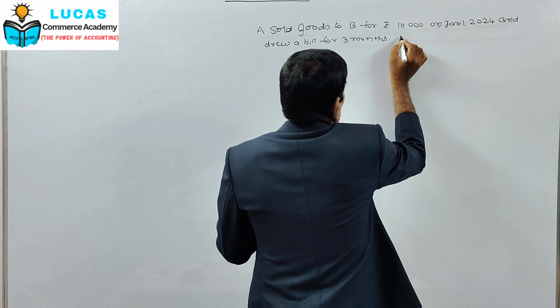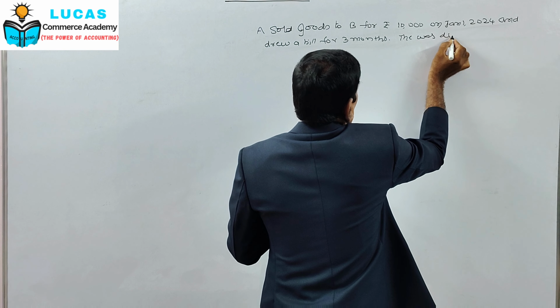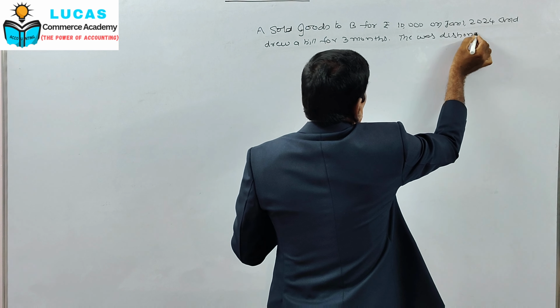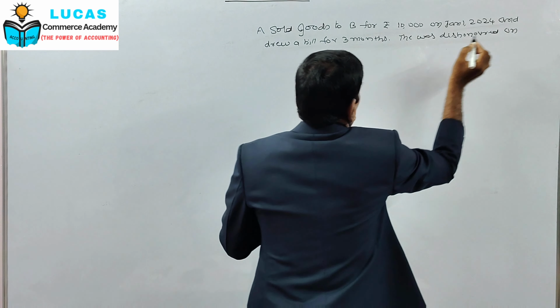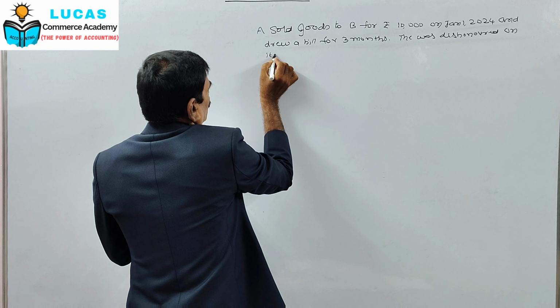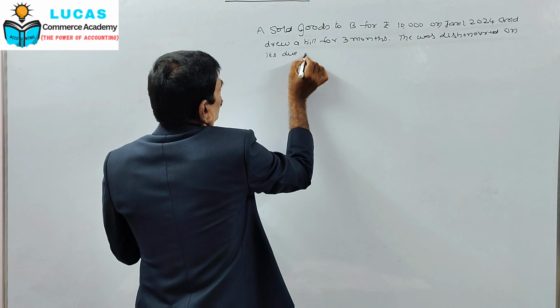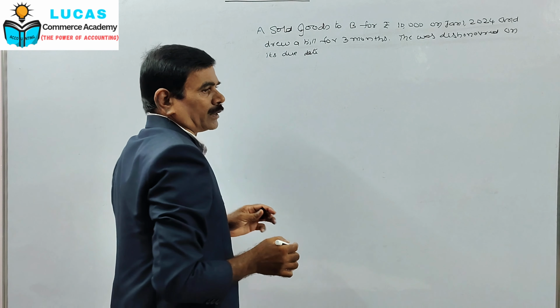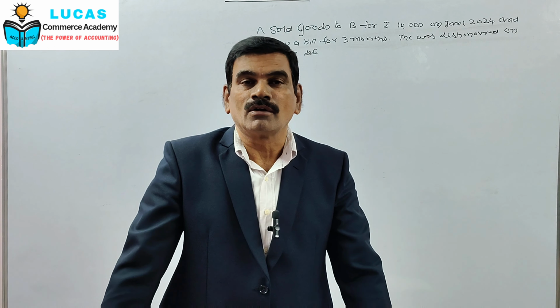The bill was dishonored on its due date. So, pass journal entries in the books of drawer and drawee.